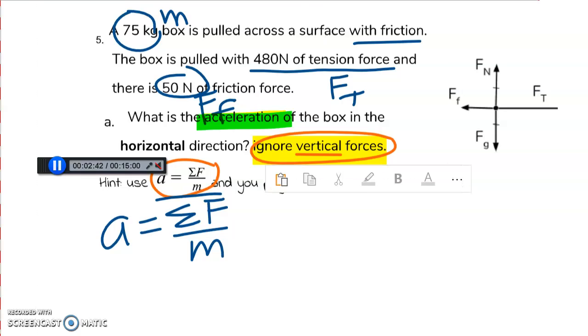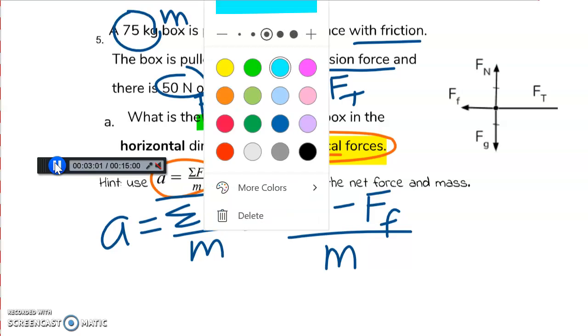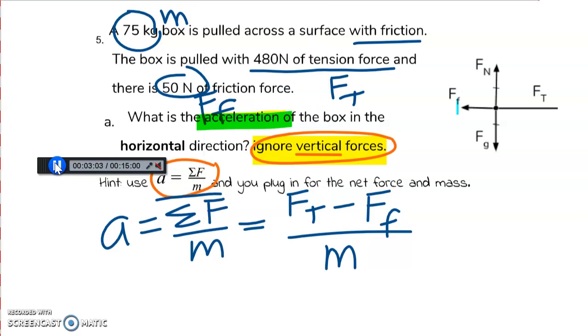On the top part, I can write an expression that represents the total forces acting only in the horizontal direction. With this blue marker, I'm going to show what direction the horizontal direction is: anything going left and right.